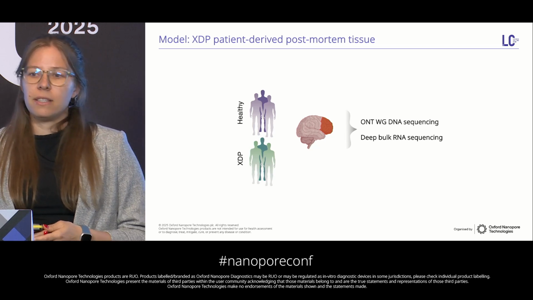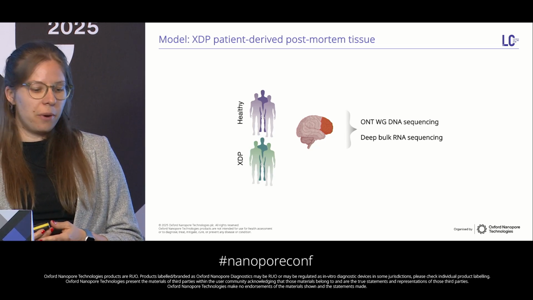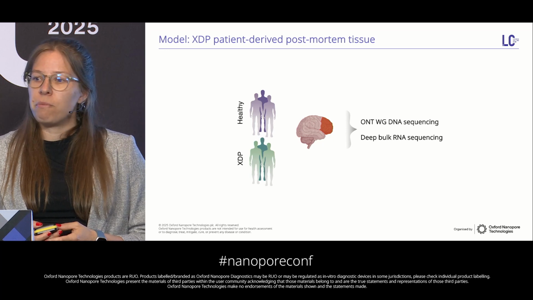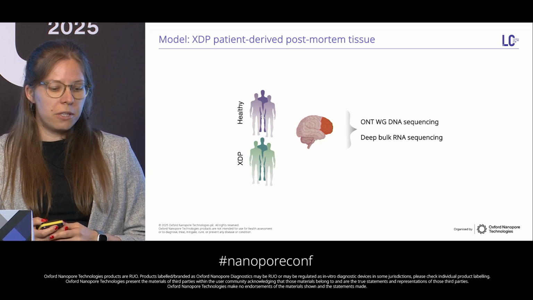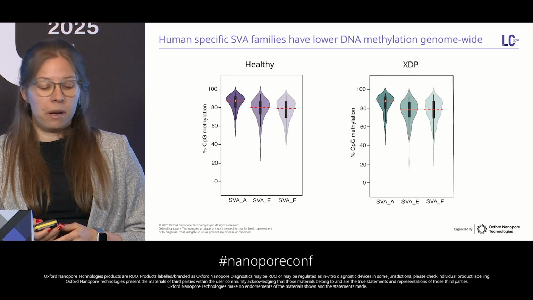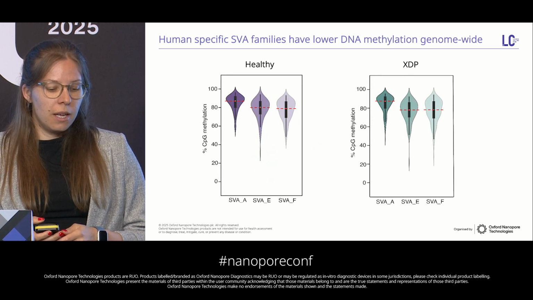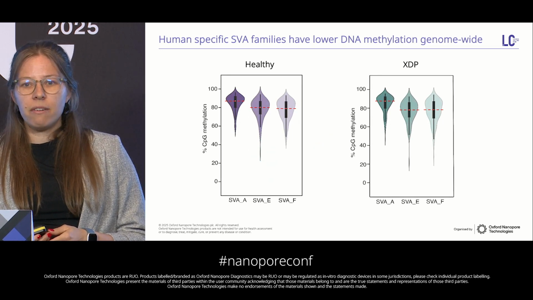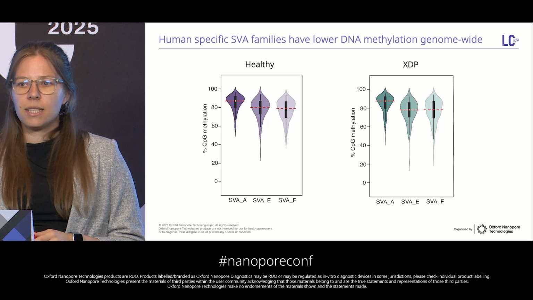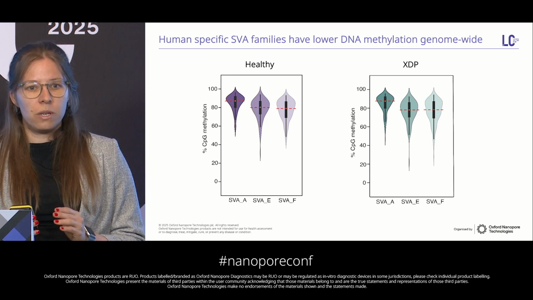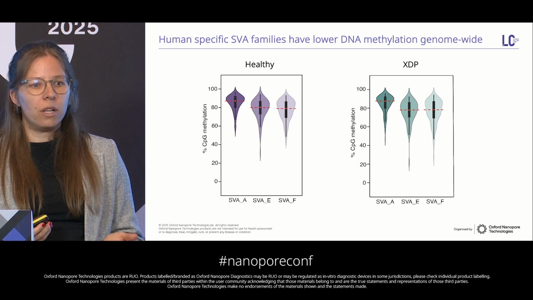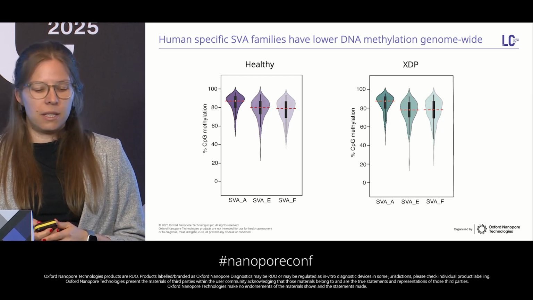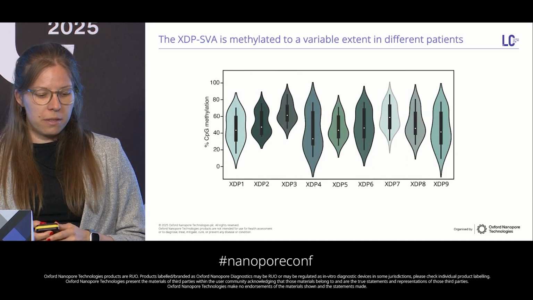For that, we started another project that is actually quite recent, where we have prefrontal cortex postmortem tissues from healthy individuals and XDP patients, and then did very deep bulk RNA sequencing. The first interesting thing that we discovered is that both in healthy individuals and XDP patients, young SVAs, the ones that are only present in humans, are lower methylated compared to old SVAs that are also present in other primates.